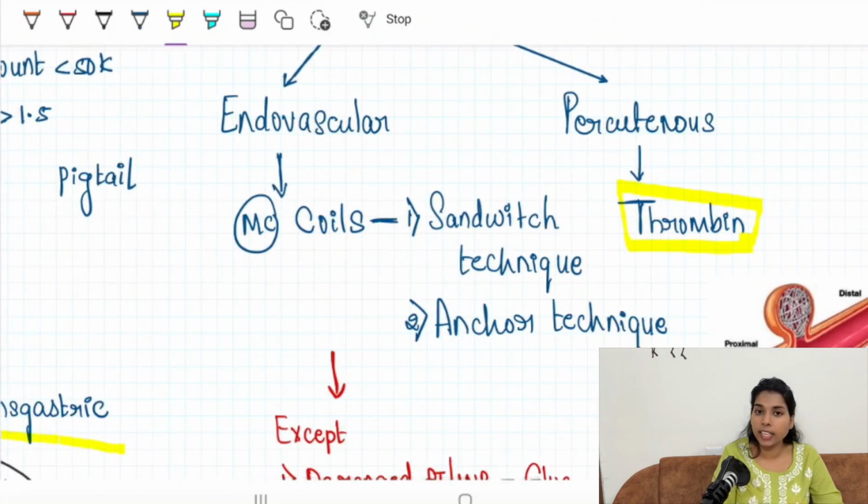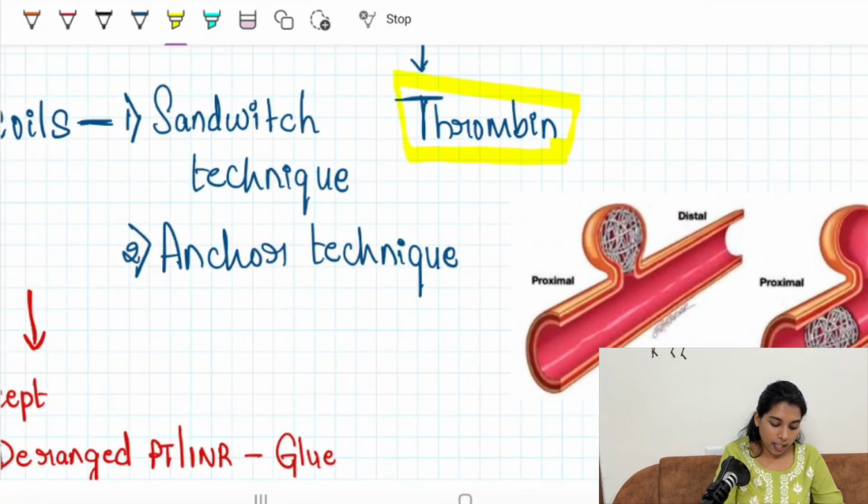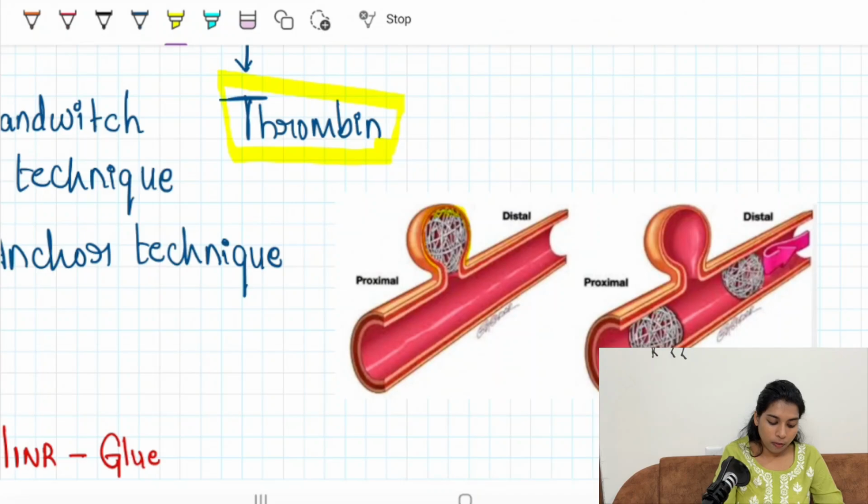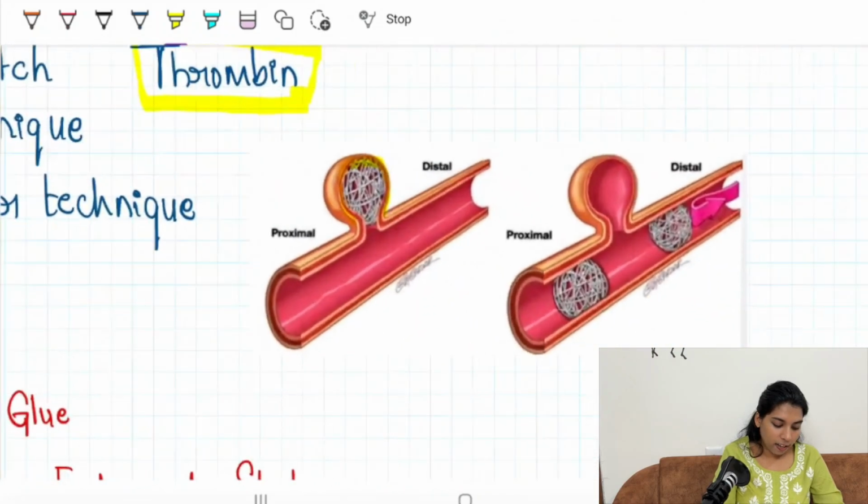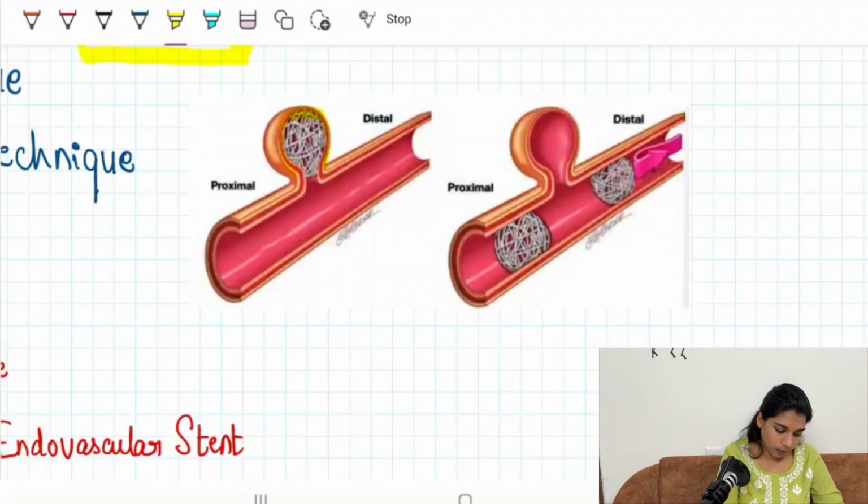If we are going via the endovascular route, most commonly we use coils. You can just do coiling of the sac of the pseudoaneurysm, or we can do something called the sandwich technique. Imagine the direction of blood flow is this.